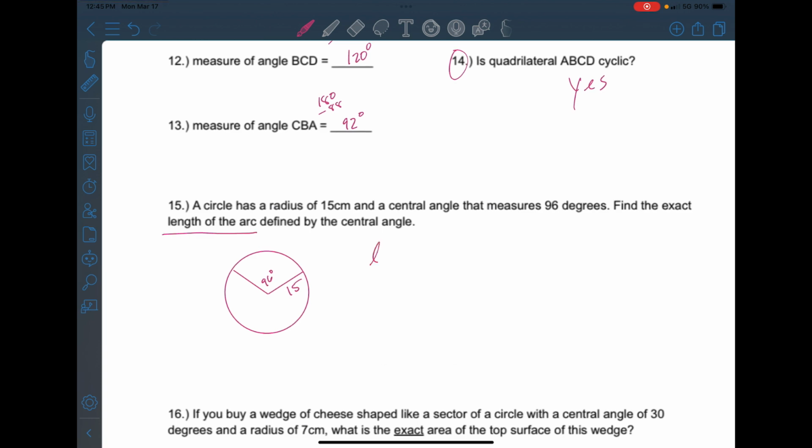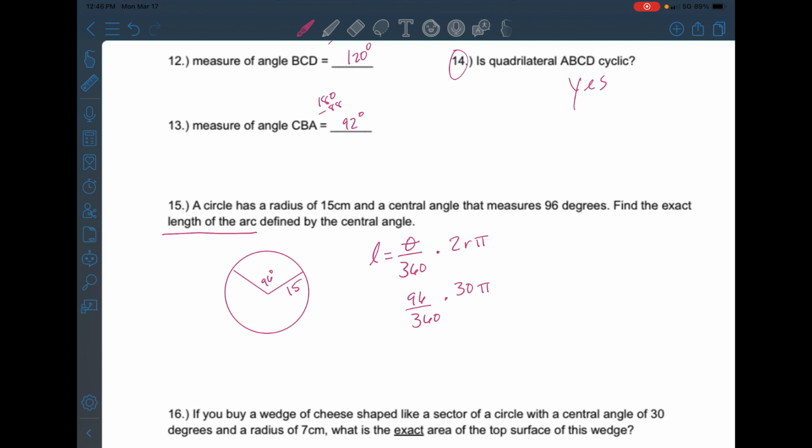So if we remember, this is theta over 360 times, and because we're finding the length of the arc, we're going to use the circumference of the circle, which is 2 pi r. So we're going to put in the numbers we have now. We have 96 here, and the radius is 15, so 2 of those is 30 pi.